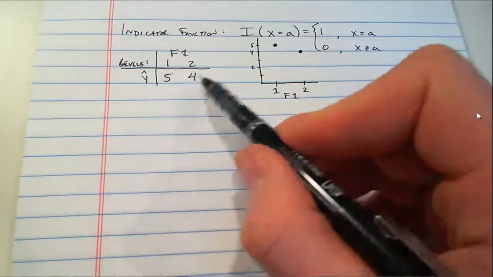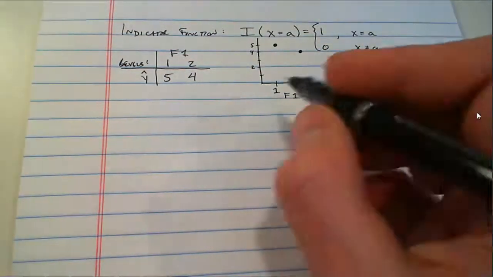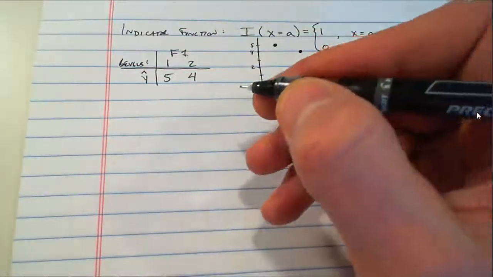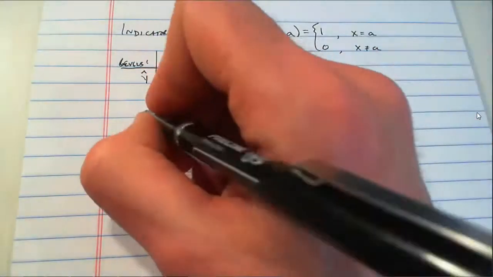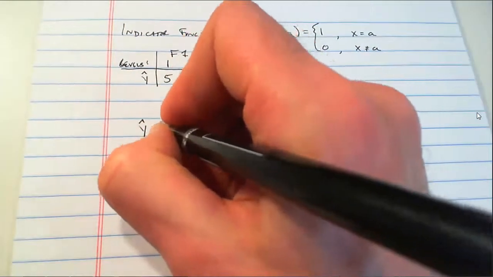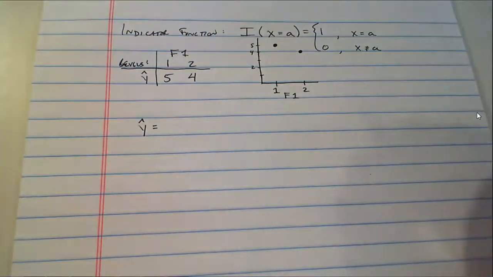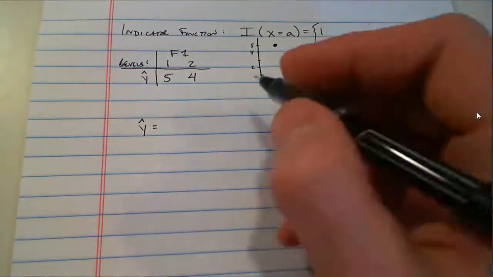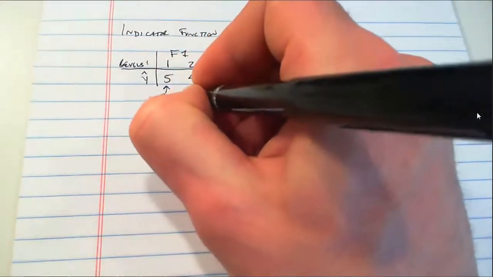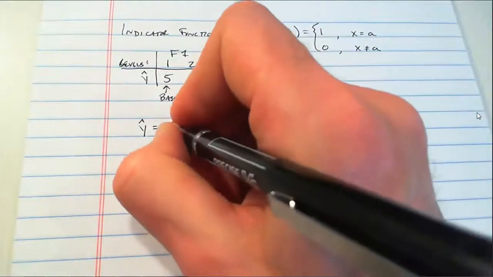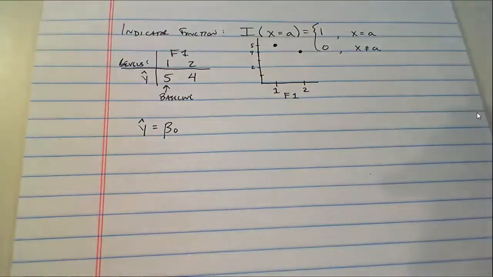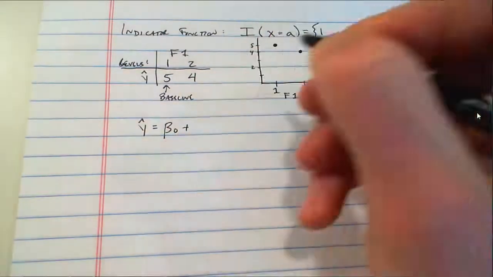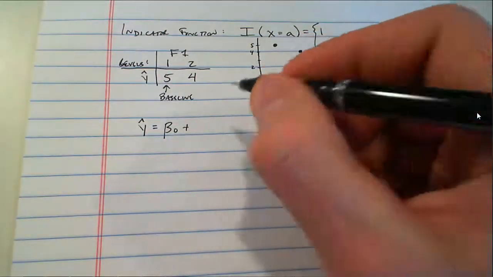So we want to write a model that allows for all these groups. So we can write y hat equals, we've got a baseline group, which is the first group, beta naught, plus, now here's where our indicator function comes in.